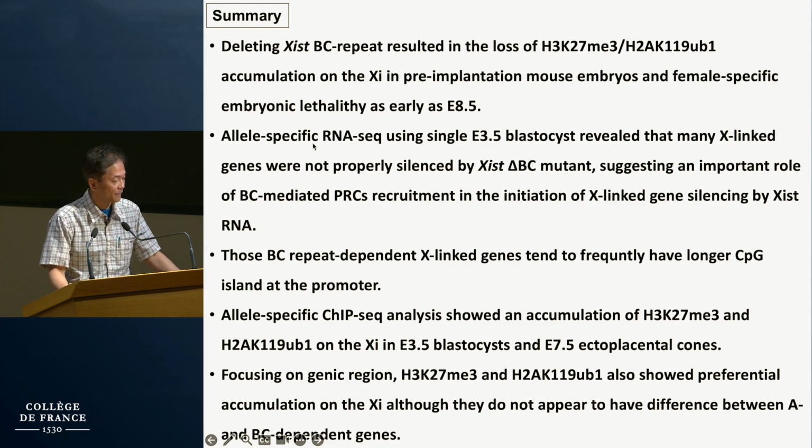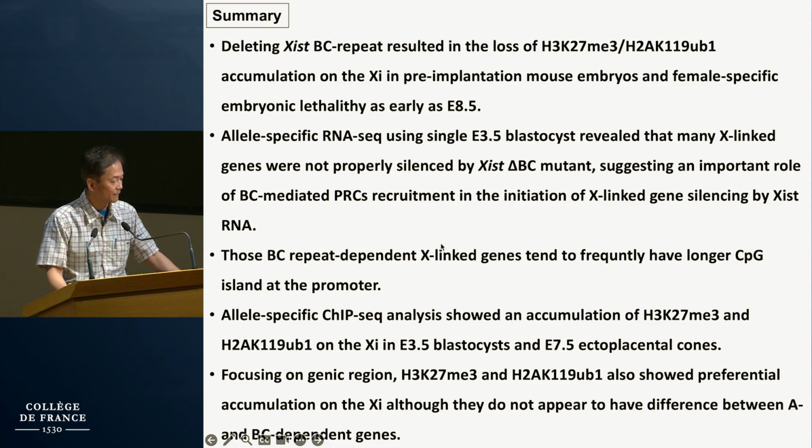And allele-specific RNA sequencing using single E3.5 blastocysts reveals that many X-linked genes were not properly silenced in this BC deletion, suggesting BC repeat-mediated polycomb recruitment is important for the initiation of X-linked gene silencing.